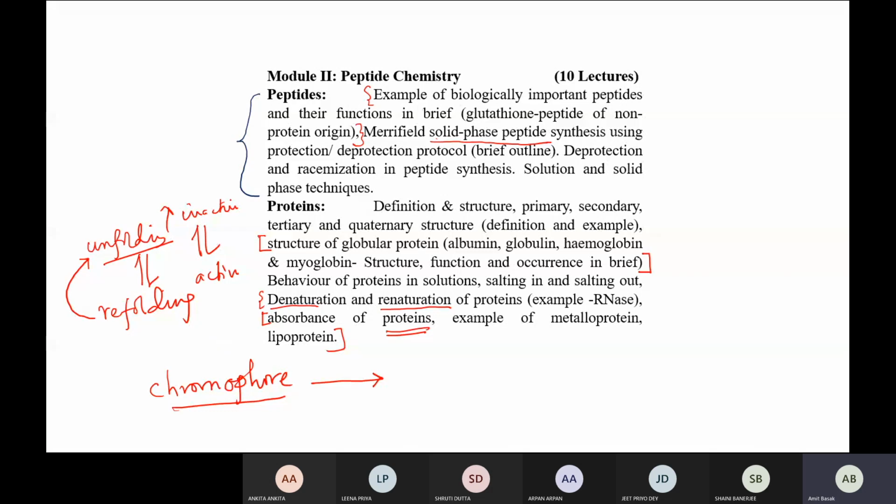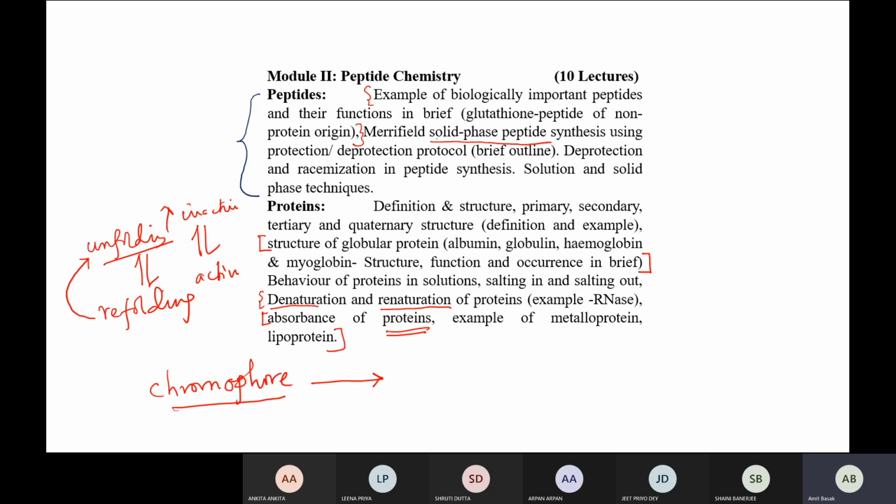But some compounds absorb in the visible light, so we get color in those compounds. So for absorption of light, you need a chromophore in the molecule. Typical chromophores are double bonds like C=C double bonds, aromatic rings, carbonyl groups.